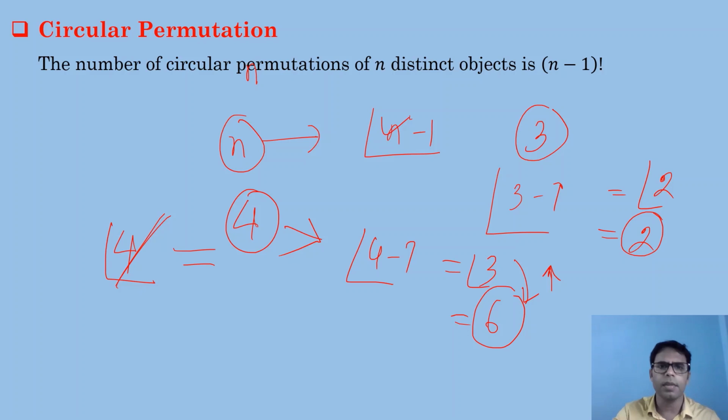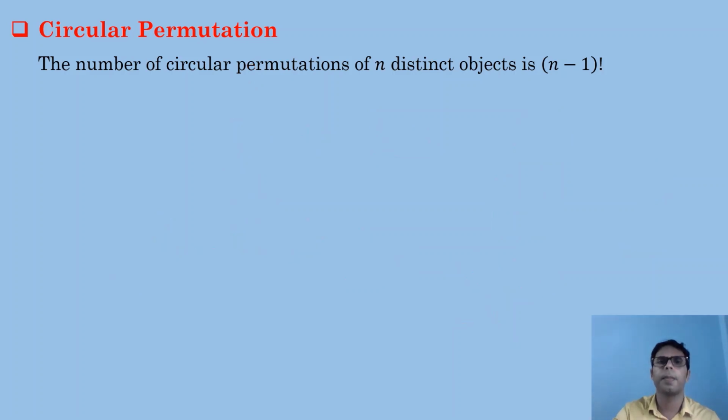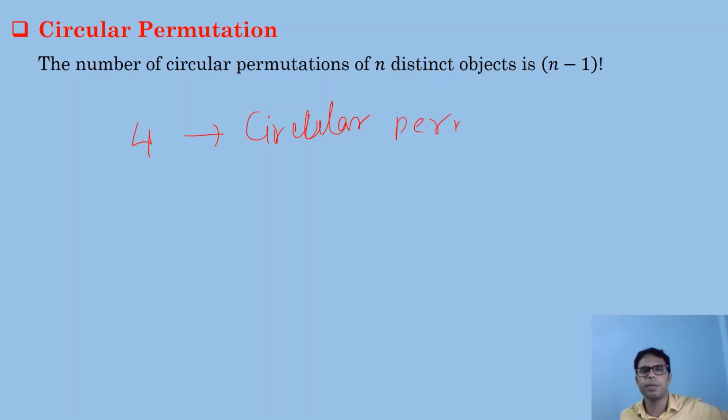But one thing, you see. Say if you have 4 objects, then what is the number of circular permutations? It is factorial of 3, that is, 4 minus 1.